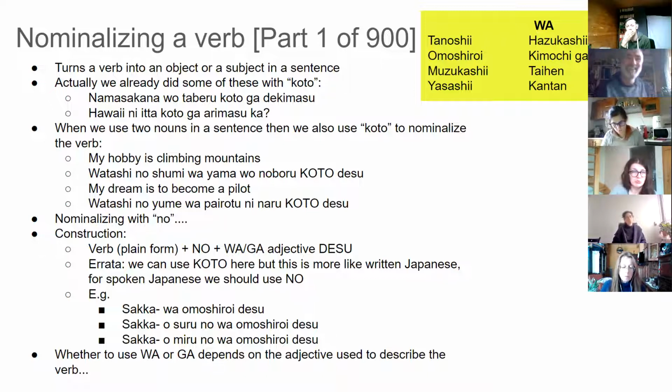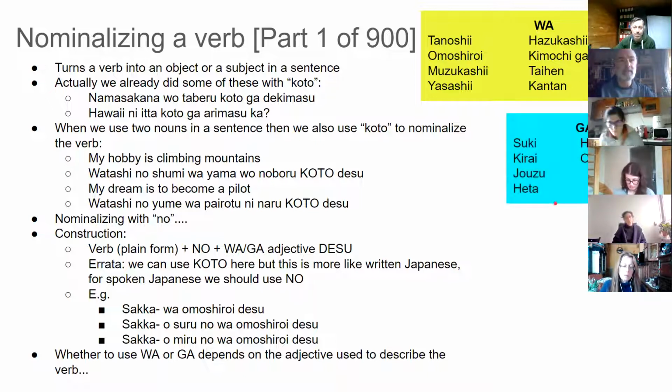Okay. Guys, do you have all these adjectives written down for wa? And then for ga, it's these adjectives.